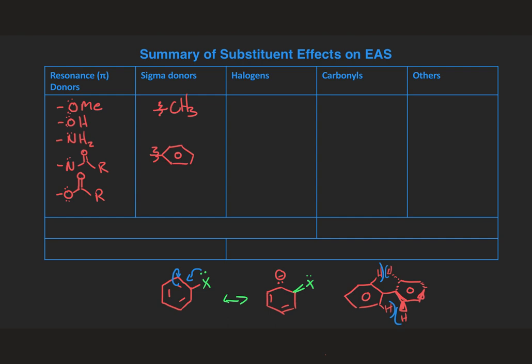Halogens were an exception that we saw. Halogens like fluorine, chlorine, bromine, and iodine, they have lone pairs, but these are deactivators. Because they have lone pairs, these are going to all be ortho-para directors. So everything that we've drawn so far is an ortho-para director.